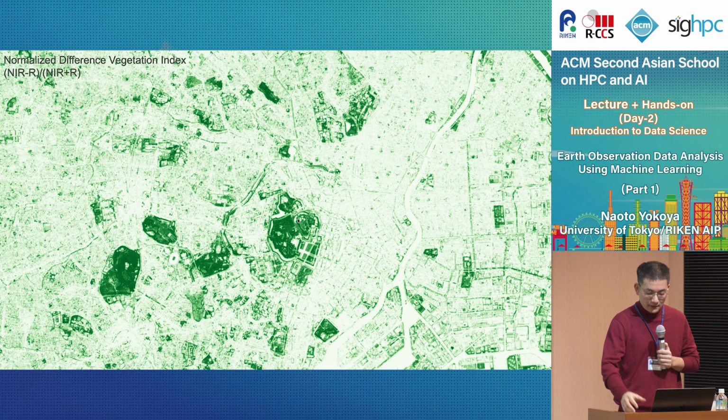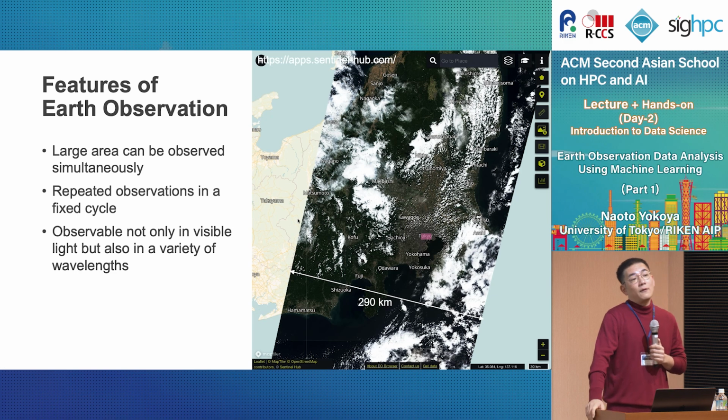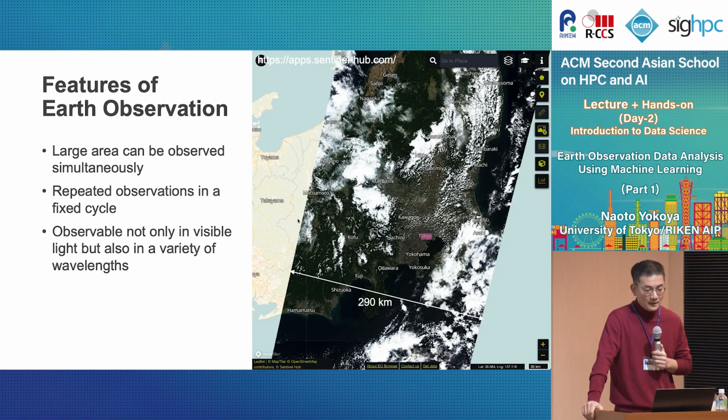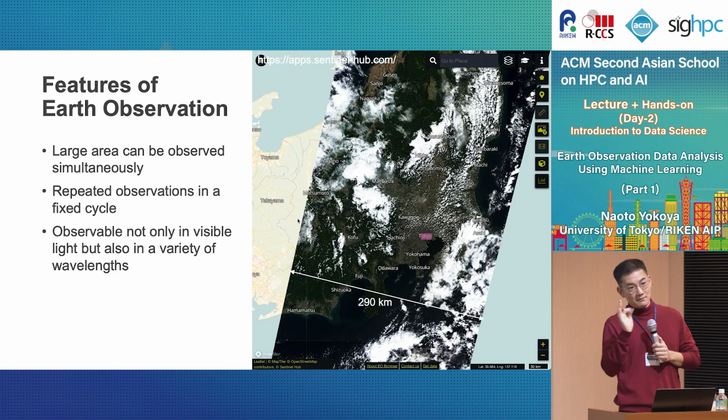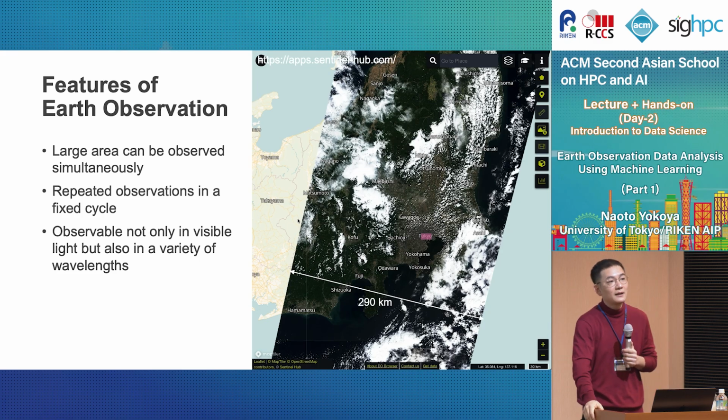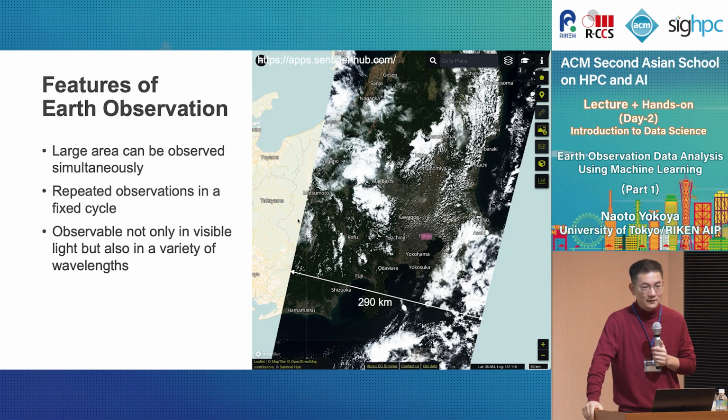This kind of analysis can be done for very large areas, which is quite important if we want to understand what's happening in our country or in this world. For example, with Sentinel-2, each pixel is 10 meters, but the swath width, the width of the observation, is almost 300 kilometers.